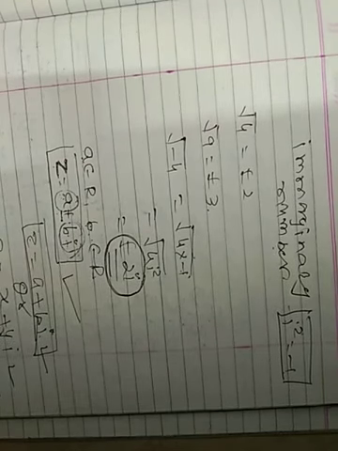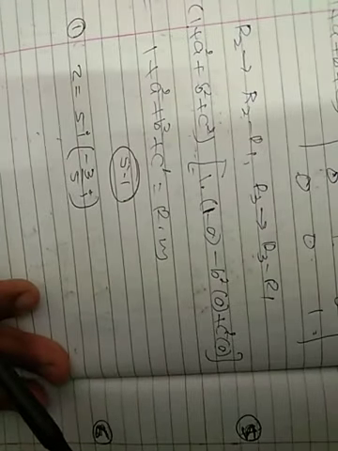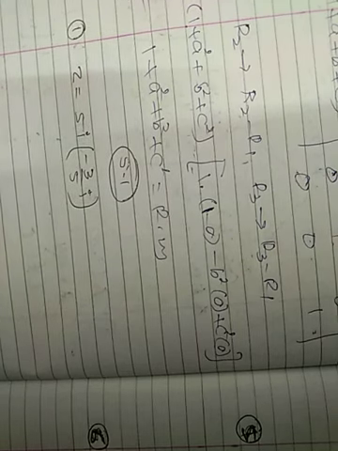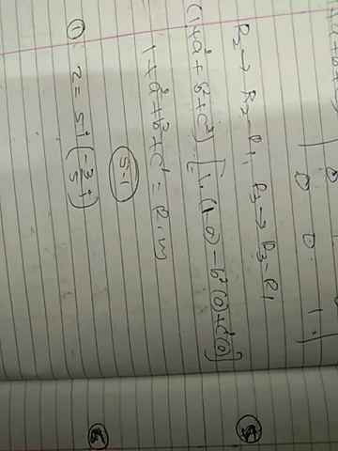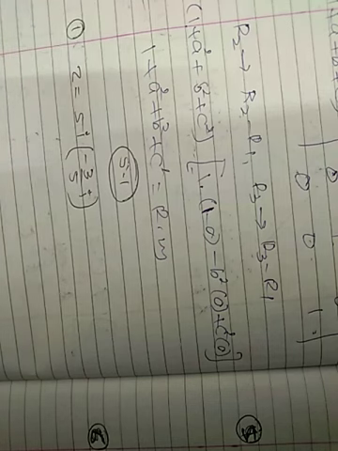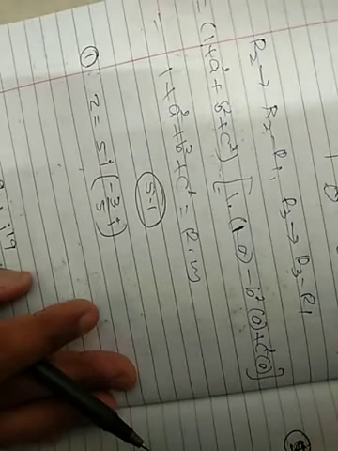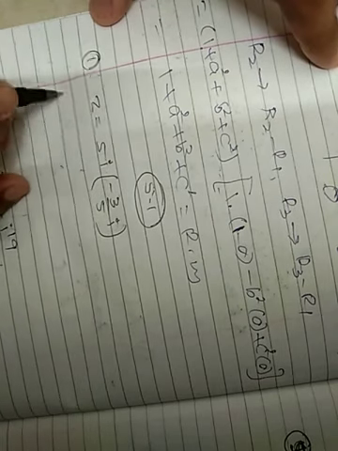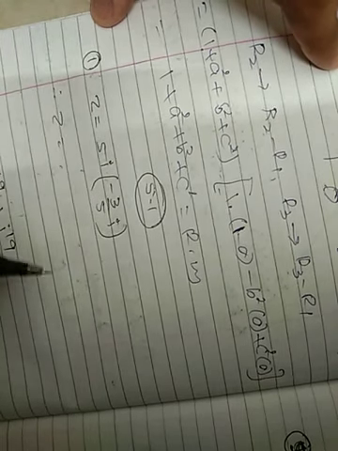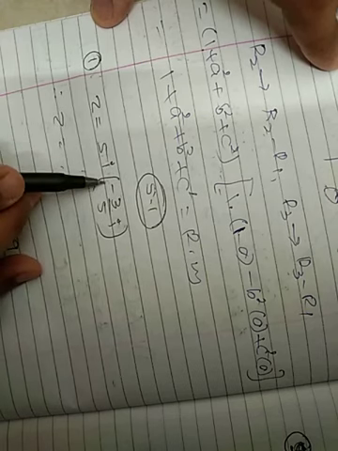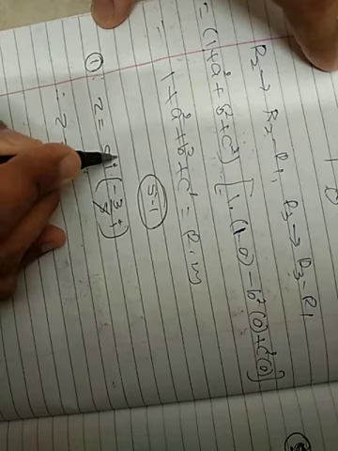Okay, now we can start exercise 5.1. Very simple exercise. Convert all these numbers into Z equal to A plus BI. First question. It's very simple. Both are associated with multiplication. 5 and 5 cancel.